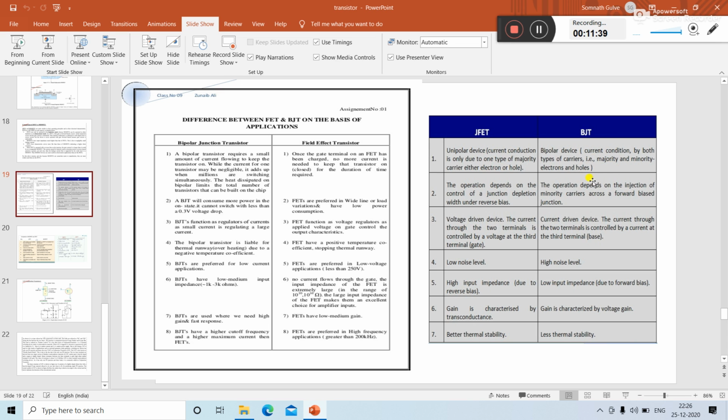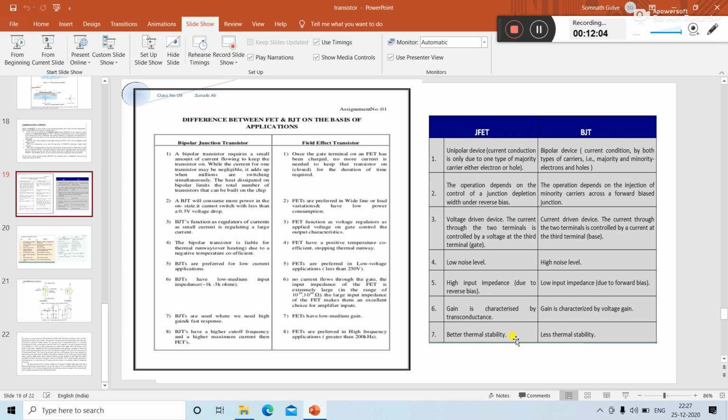BJT is a current controlled device, and FETs are voltage controlled devices, and JFETs have a low noise level. But in case of a BJT, the current constitutes minority charge carriers, and that's why noise goes on increasing. It has thermal stability at very low points because minority charge carriers are involved.